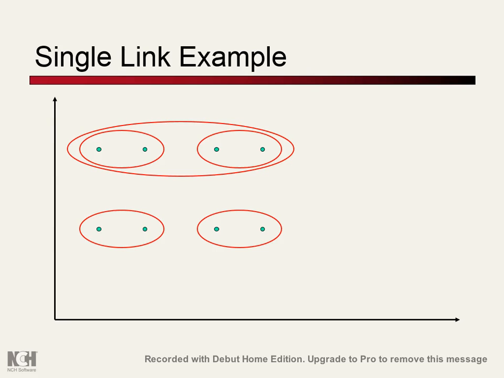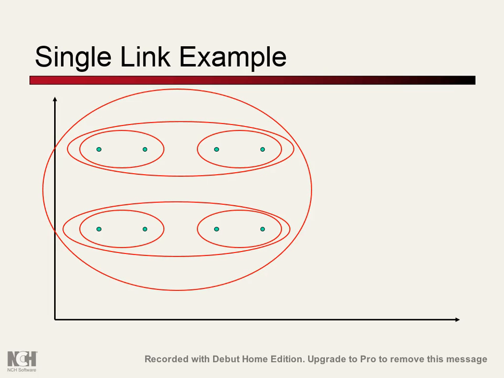Because the distance between the two classes is the distance here rather than this one, the algorithm based on single link will merge these two classes. It looks not very good.